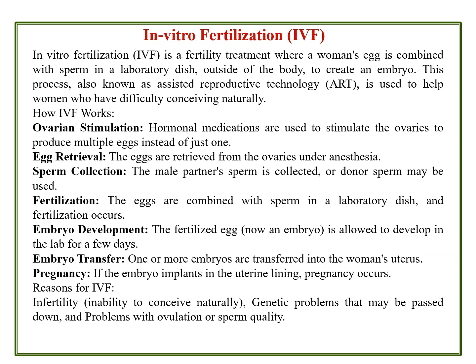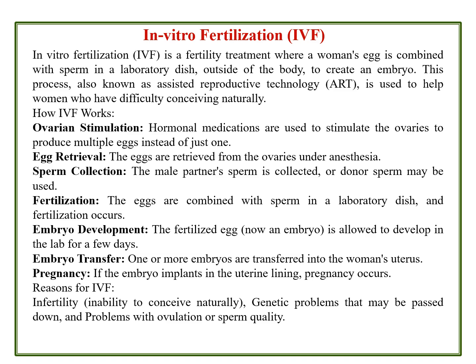Embryo development. The fertilized egg, now an embryo, is allowed to develop in the lab for a few days in a specialized environment, a specially designed buffering solution that nourishes the outer surfaces of the egg or embryo. Embryo transfer.